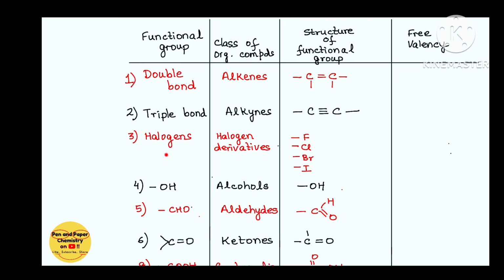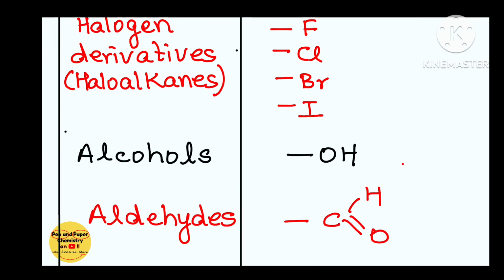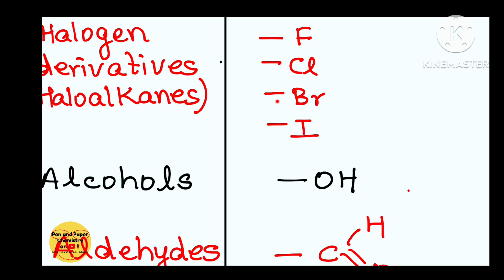When the functional group is a halogen, the class of organic compounds is halogen derivatives. You can also call it haloalkanes. You can also call it halogenoalkanes. So the functional group is just F, Cl, Br, I, and so on. What is this dash dash that I've left everywhere? You see, is this a mistake? You see this single line, single line?